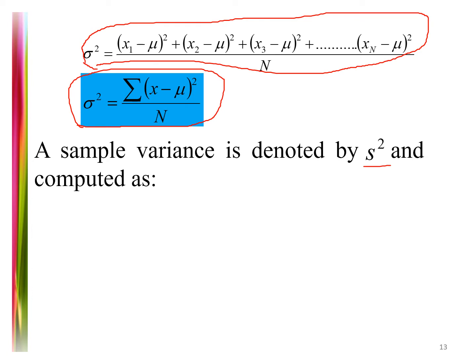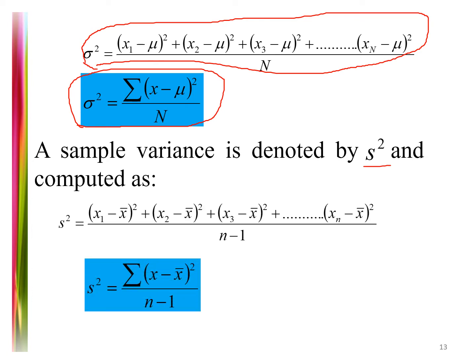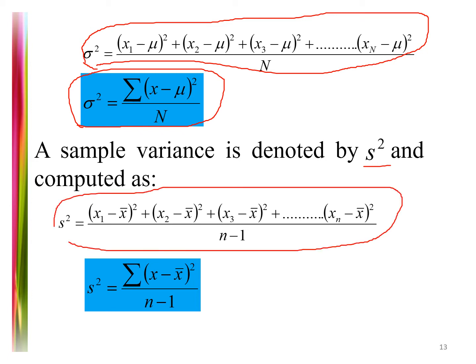As for sample variance, the formula is slightly different. The numerator looks like the population case: first observation minus sample average squared, plus second observation minus sample average squared, plus up to the last one. Here we consider a sample of n observations, and divide by n minus 1.